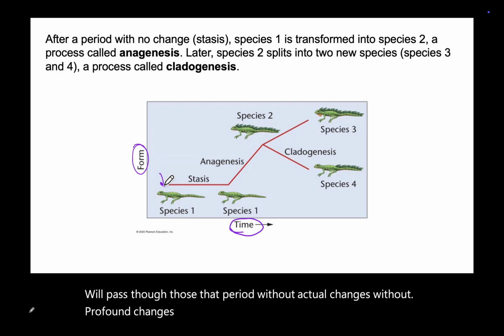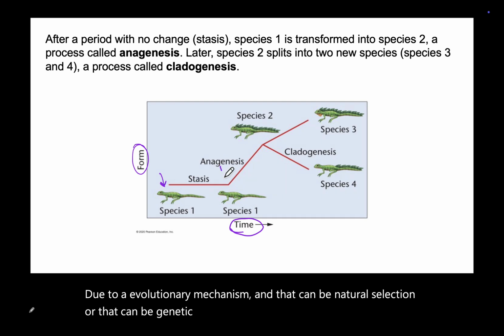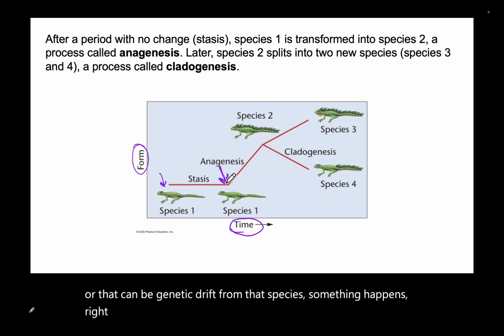So throughout time, that species remains the same. However, due to an evolutionary mechanism, and that can be natural selection or genetic drift, from that species something happens right there that creates a completely new species.